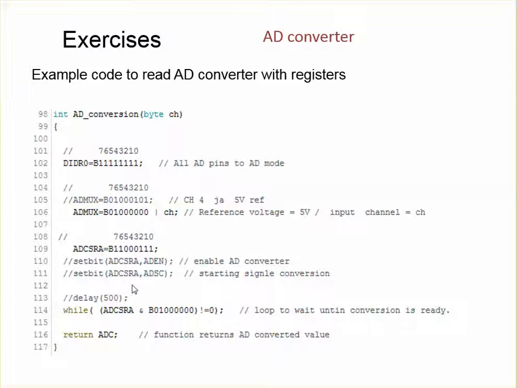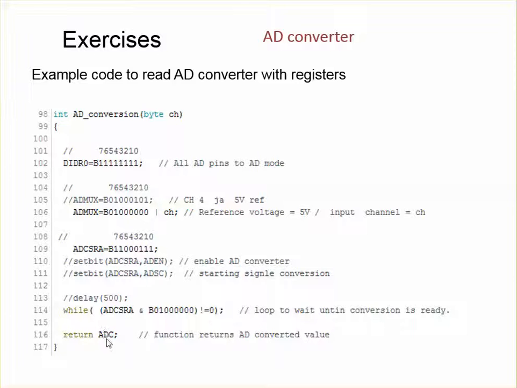And there was this ADSRA bit which started the conversion, but if we read that bit, it also tells us when the conversion is done. And here is the loop that waits until this bit shows that the conversion is done. So the program waits here until the conversion is done. And when the conversion is done, we read the ADC register that contains the converted value of the analog voltage.